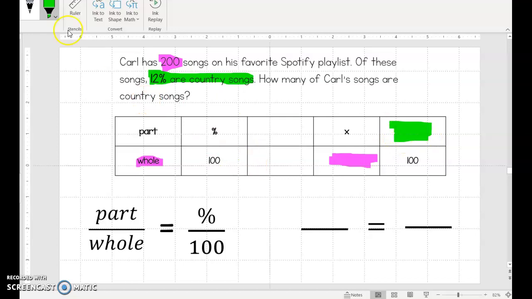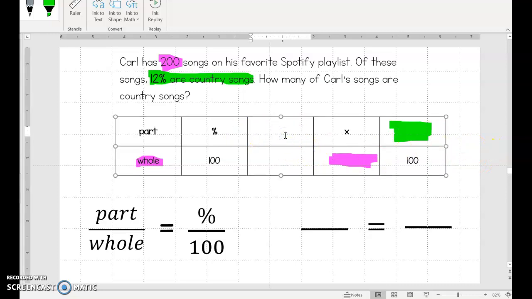Don't forget, in your Google slide, you'll be able to have the drag option to fill in the table. My top part is going to be called the number of songs, number of country songs, because that's what we're specifically looking for.